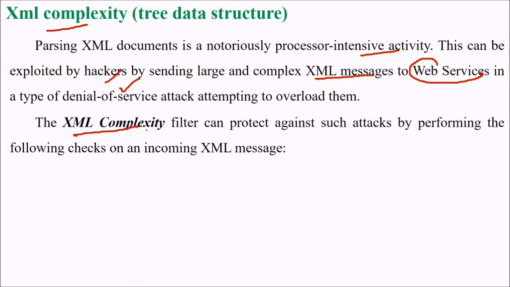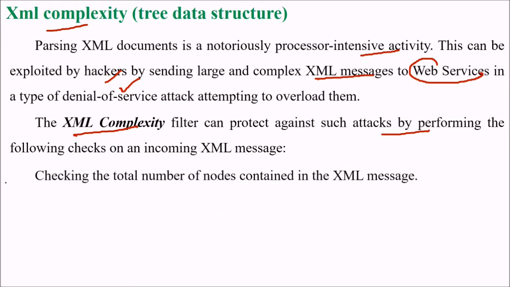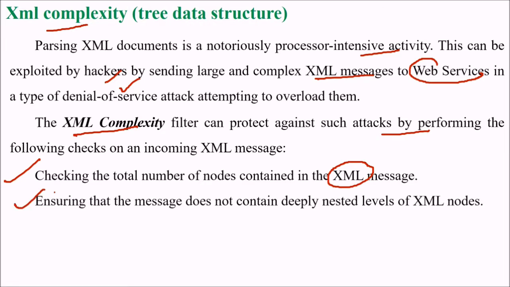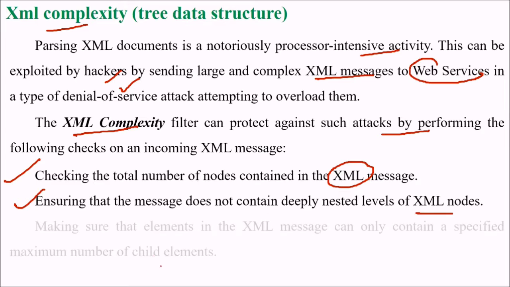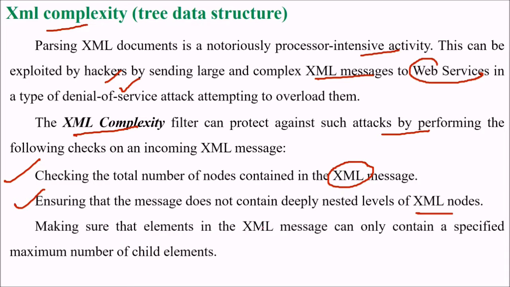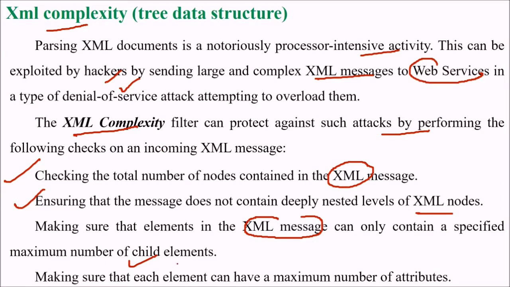So this XML complexity filter can be used to protect against such attacks by performing certain checks on the incoming XML messages, like checking the total number of nodes contained in the XML message, ensuring that the message does not have deeply nested levels of XML nodes, making sure that the elements in the XML message can only contain a specified maximum number of child elements, and also making sure that each element can have a maximum, meaning predefined, number of attributes.